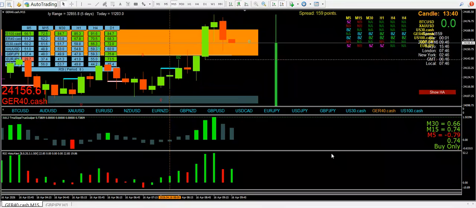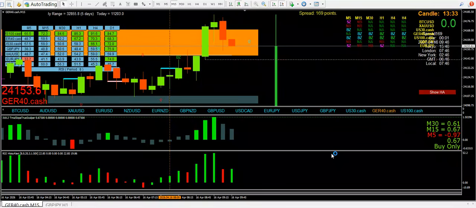This is really important because I don't mention this enough, especially if you're waiting to capture continuations. It's also good for reversals, but in particular I find it with continuations. And I just want to show you what we've got on this chart that's really important.